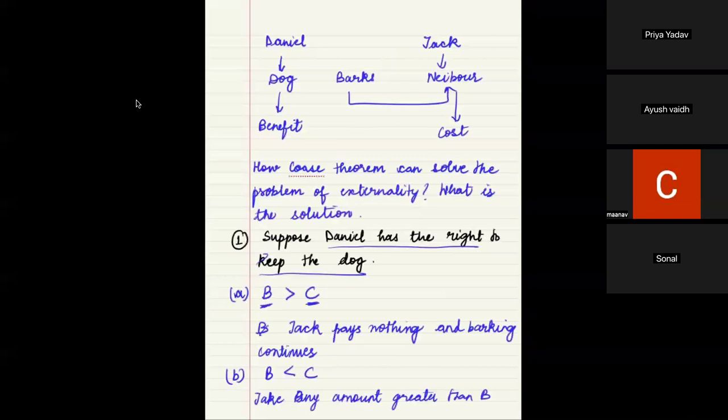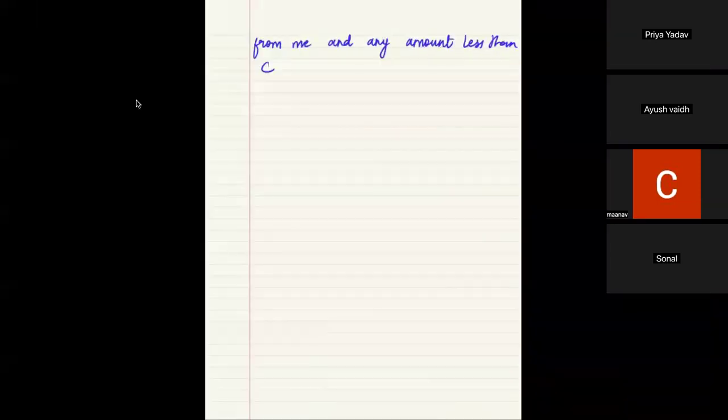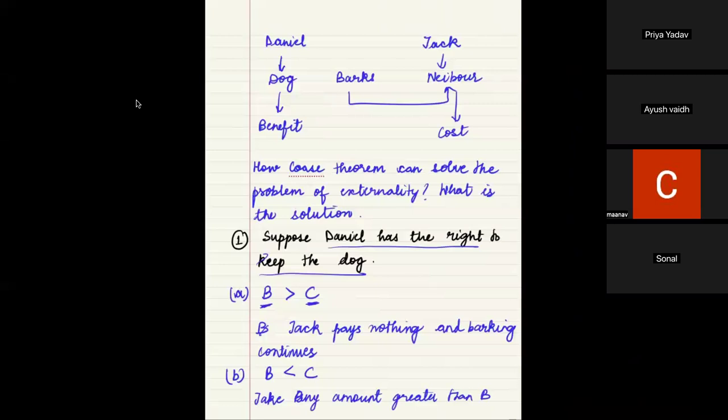Because this is the cost I am bearing because of the dog. And don't keep the dog. Payment is made and the dog is not kept in this case. This is your case when Daniel has the right to keep the dog.